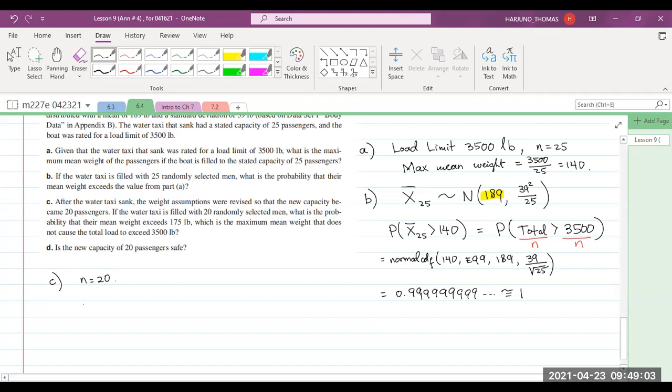So what is the probability that the total weight is more than 3,500, which means the probability that the mean weight of these 20 men is more than 3,500 over 20. That's how we get 175.